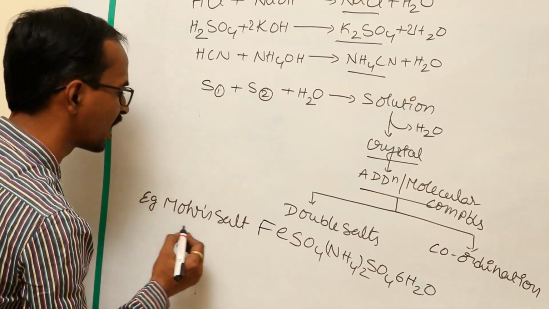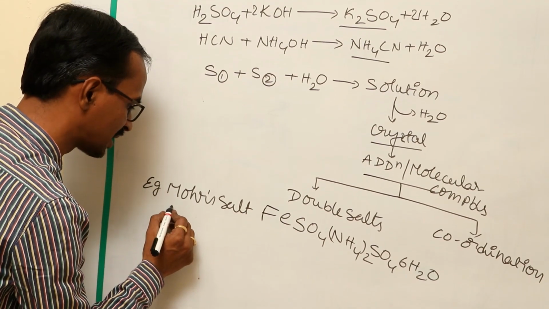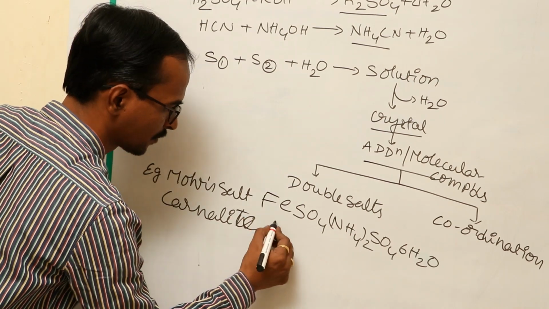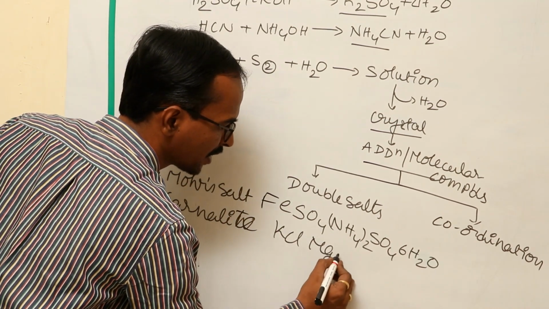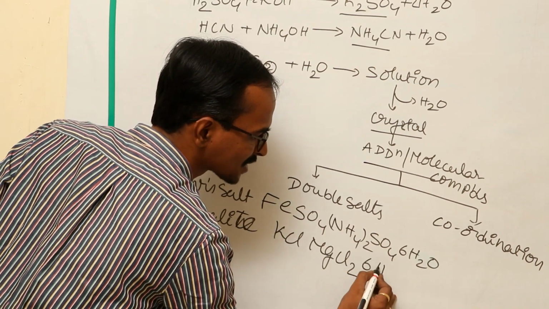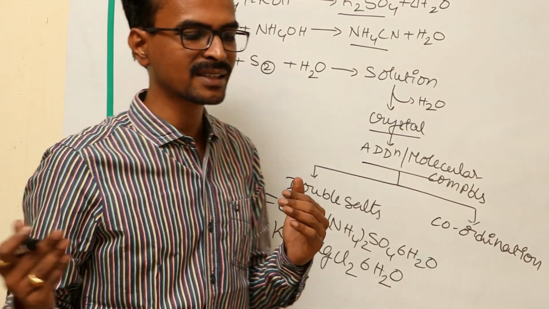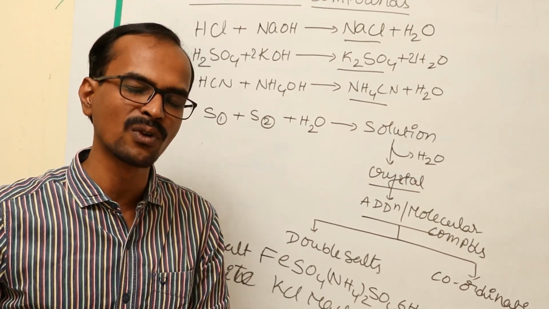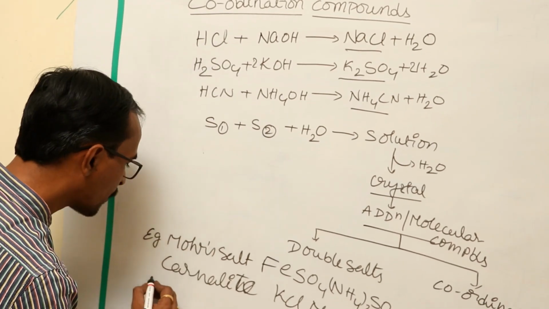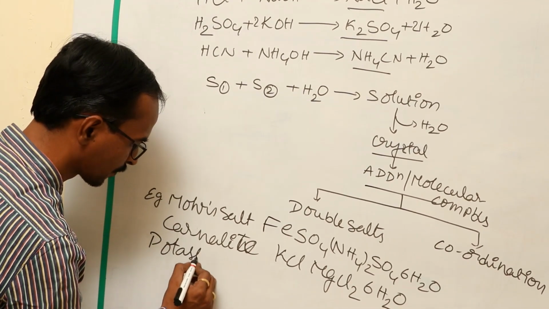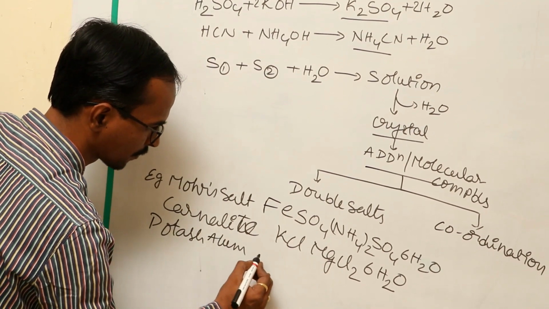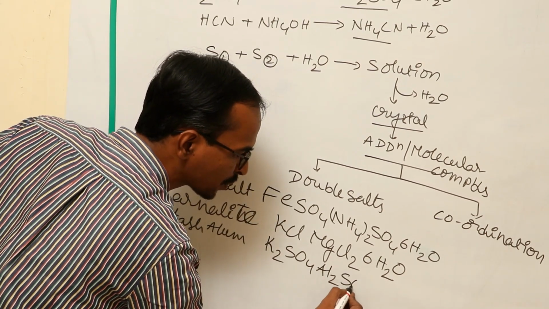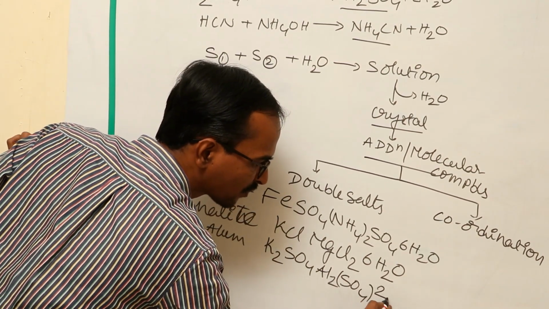As a second example we can take carnallite, KCl, MgCl2, 6H2O. This is the second example we can quote for a double salt. And if you want, we can write one more simple example, potash alum. Its molecular formula is K2SO4, Al2(SO4)3 and 24H2O.